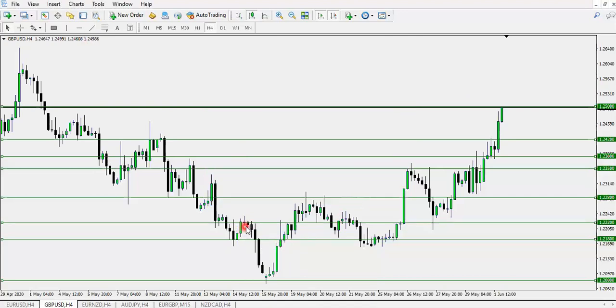Shot back down, back up, some rejection into the 200 level. Price then went back up into our 800 level. A little bit of reaction here off of our 200. Some more reaction off our 800.